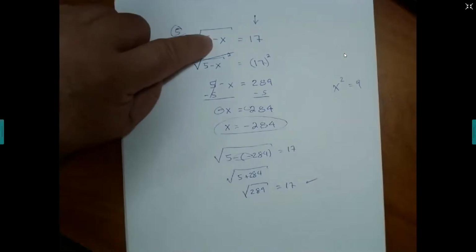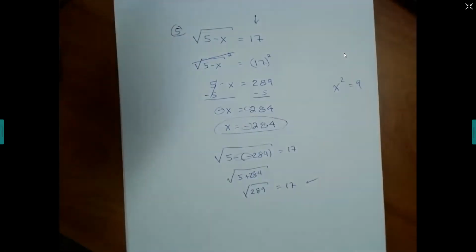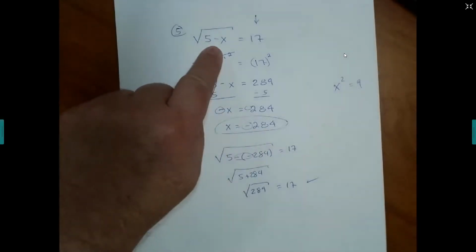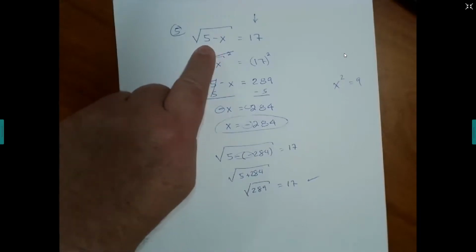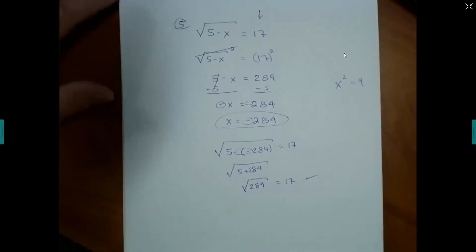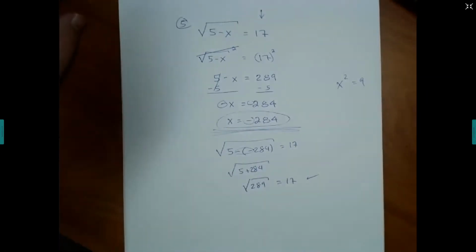Notice, since the x inside the radical is negative, there's a very good chance that the answer will have to be negative to get rid of that negative sign. Because if this was a positive, what would happen? We'd have a huge negative number. It'd be negative 279. You cannot take a square root of a negative number. So you have to be very careful about that. Always check your answers. So what's the answer? Negative 284, correct.